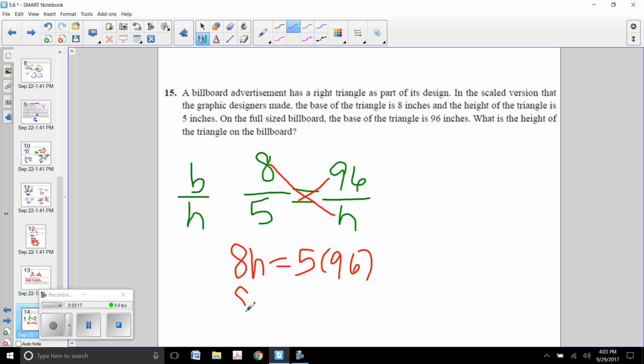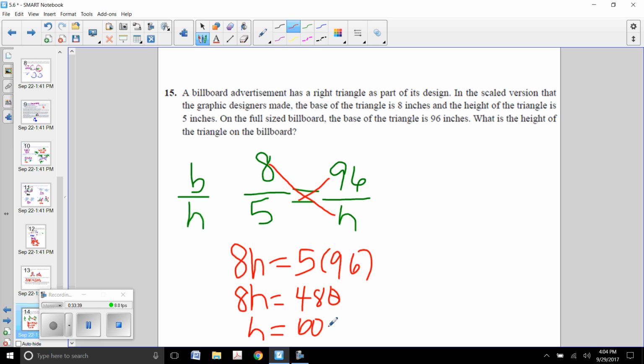So 8 times H will equal 480. And then if we divide both sides by 8, we will get H by itself. And that leaves us with a size of 60.